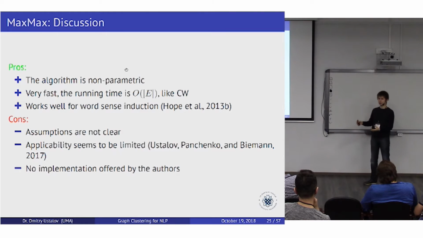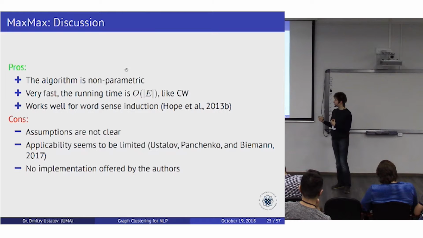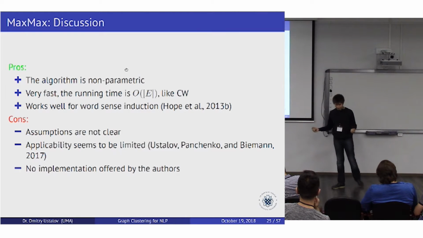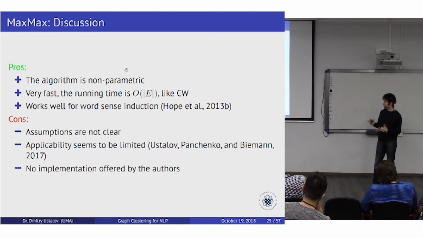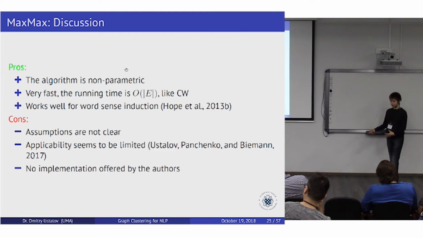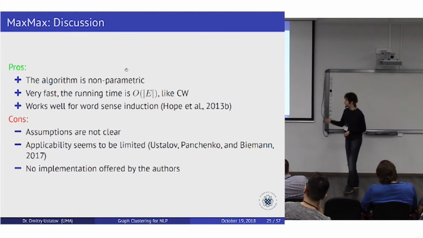It will eventually converge to some stable, stationary state, and in that state you'll have these clusters, and they are motivated by random walks. I understand this assumption. Chinese whispers is almost like MCL, but a bit more rough, which is also clear. But for this algorithm, I have no idea what the assumptions behind it are.